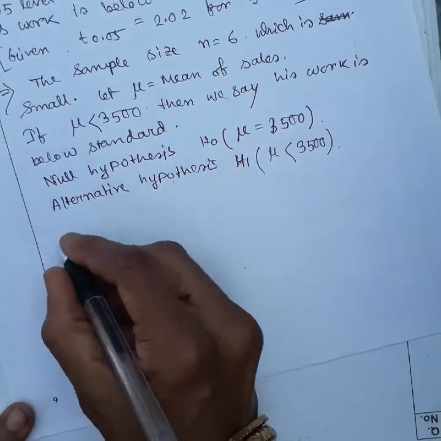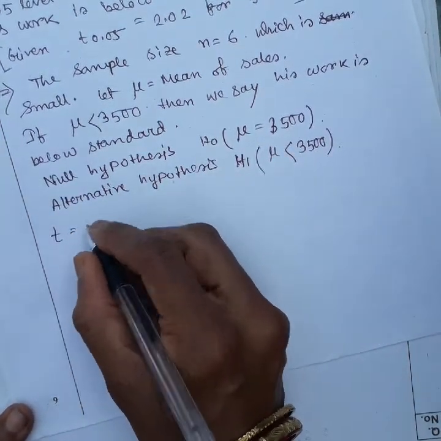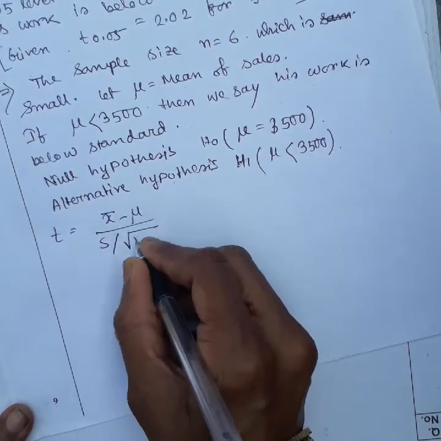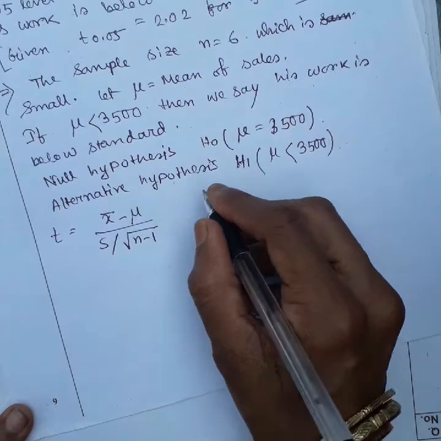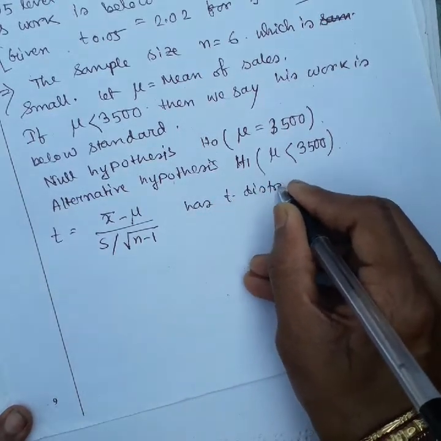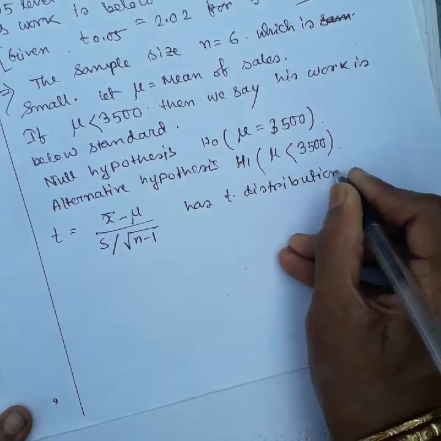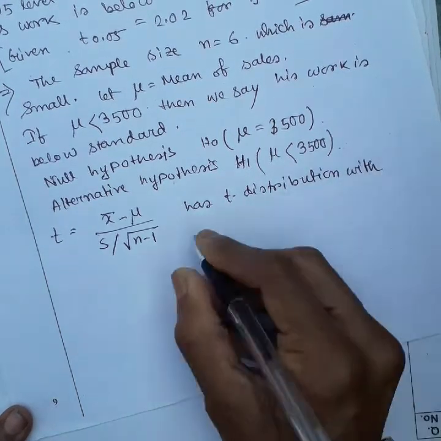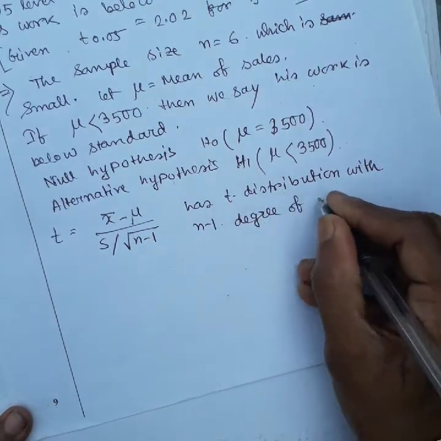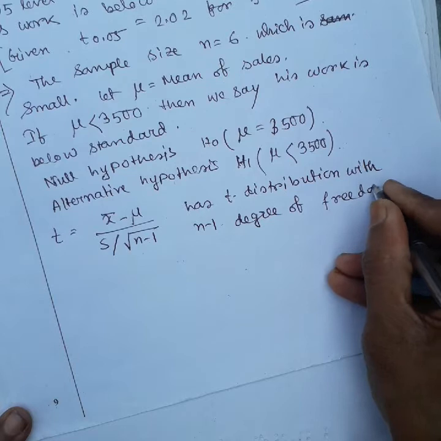Okay, so T is equal to x bar minus mu by s by root over n minus 1, which has a T distribution with n minus 1 degrees of freedom.